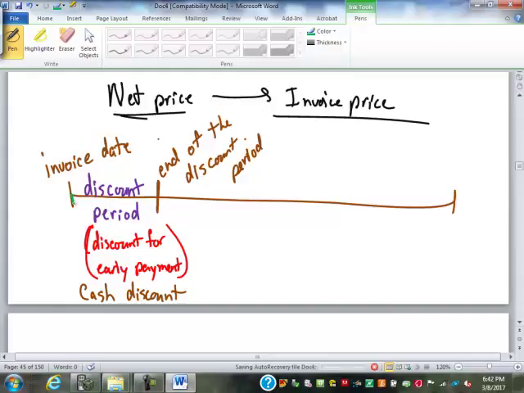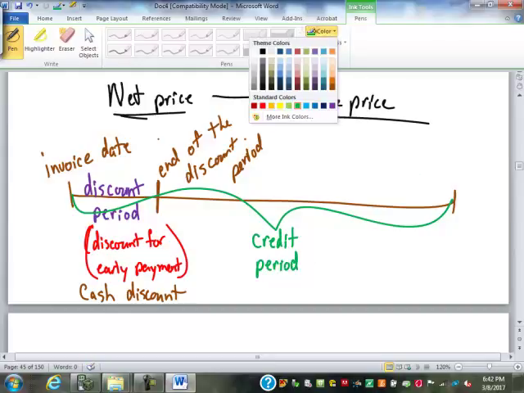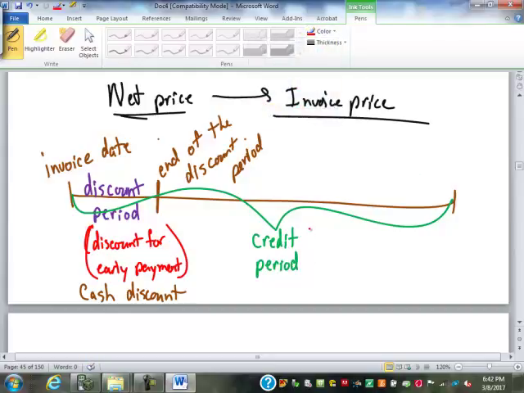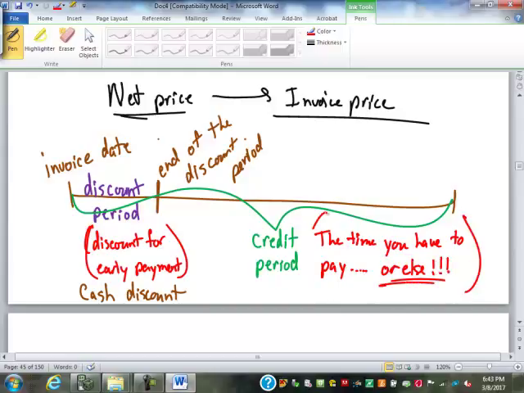Well, still starting at the invoice date, going all the way to the end of this timeline, is something called the credit period. The credit period is the time you have to pay or else.